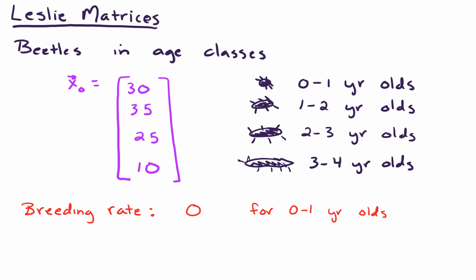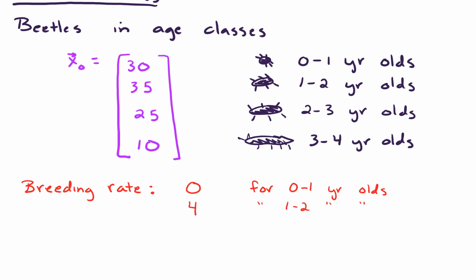The beetles between 1 and 2 years old, on average, produce 4 offspring. Our beetles between 2 and 3 produce 2 beetles on average. And our very mature beetles, on average, only produce 1 surviving offspring.